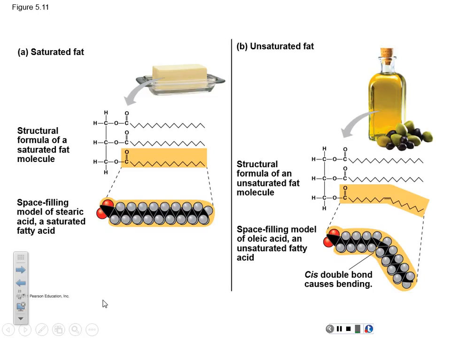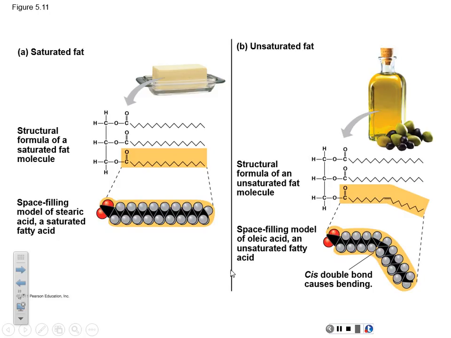An unsaturated fat is one where there are some places where the carbons don't have 2 hydrogens. Instead, there are double bonds between 2 carbons to fill out the valence requirements for the carbon. Okay, so a saturated fat is one where you've got just nothing but carbon and hydrogen. An unsaturated fat has some spots where you've got carbons that are engaged in these double bonds.